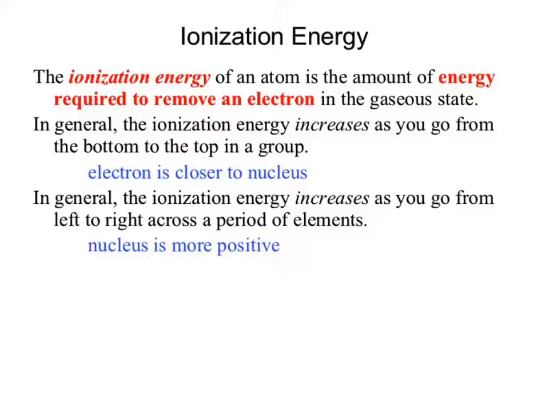So, in general, your ionization energy increases as we go from the bottom to the top. Why? What else changes as we go from bottom to top? Size. What happened to the size? It got smaller, which then means harder to remove the electron to the vacuum. It transitions opposite of size.